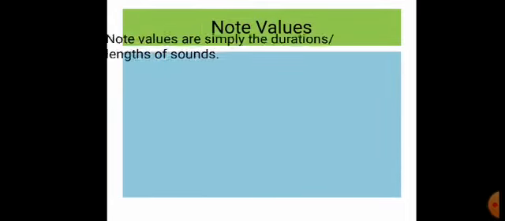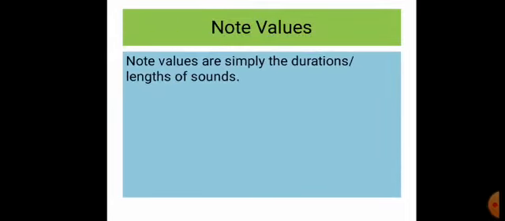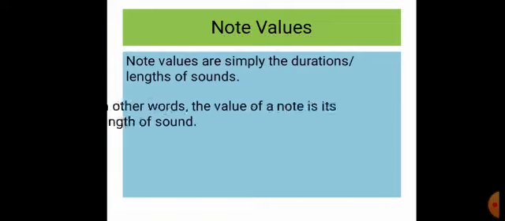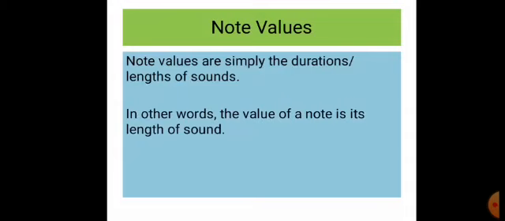What are note values? Note values are simply the durations or lengths of sounds. In other words, the value of a note is its length of sound. We have various sounds, and they are all sounds and they have their own length or durations.